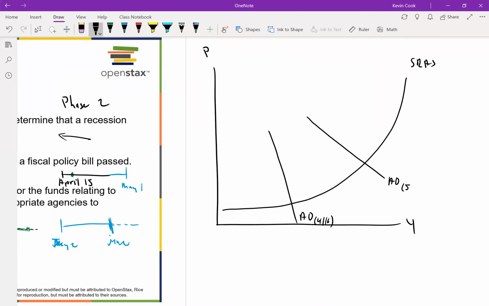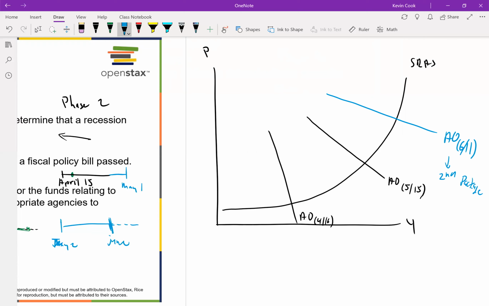So aggregate demand for May 15th. If this package for June comes in after everything's already fixed, we're going to see our aggregate demand come up to something like this. So AD 6/1, and this will be as a result of the second stimulus package.